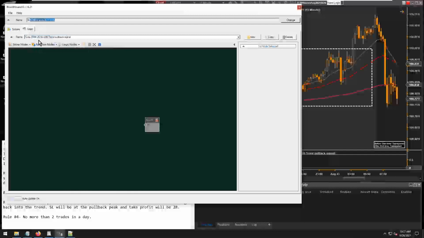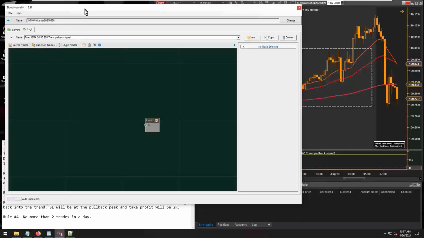So you would want this system in its own separate file. It's a good practice to put each individual system into its own file instead of piling a bunch of different systems into the same file like I do in these workshops. All right, so just a little tip there for you guys at home.